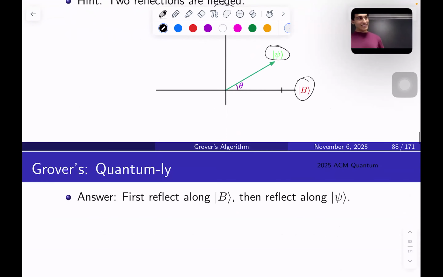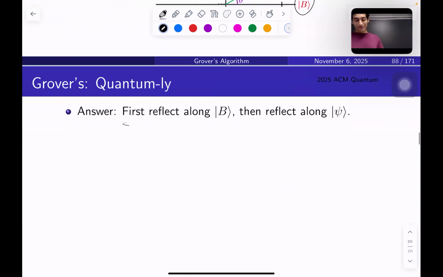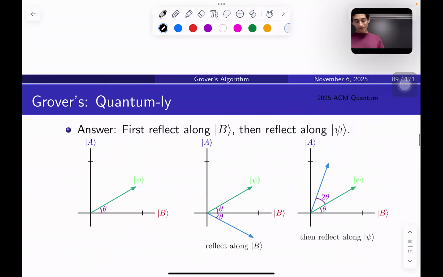So I'll go through that. You first reflect around the B axis and then you reflect around psi. If you start in this state, which is what we had before, you reflect around B. If you are at original angle theta from the B axis, you reflect, and now you're at theta on the other side of the B axis. Make sense? Simple reflection.